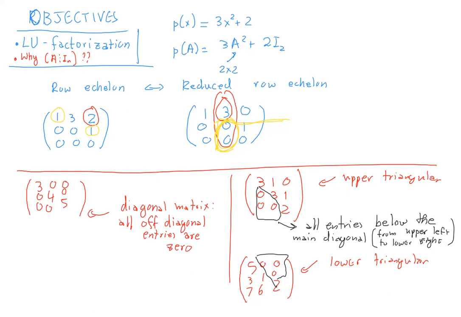Now, the next thing that I would like to show you today, which is an enormously useful thing, is that row operations are implemented by multiplying on the left by special matrices. So here's my thesis for today.